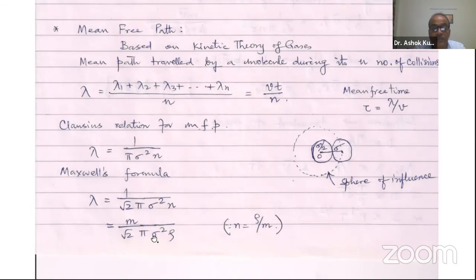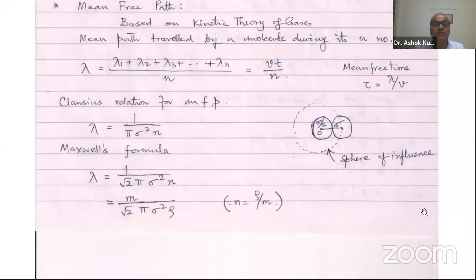So the size is also a big determining factor in mean free path. The greater the size, naturally the chance of collision will be more, and therefore the free space will be less, and therefore mean free path will be less. So this is the concept of mean free path.